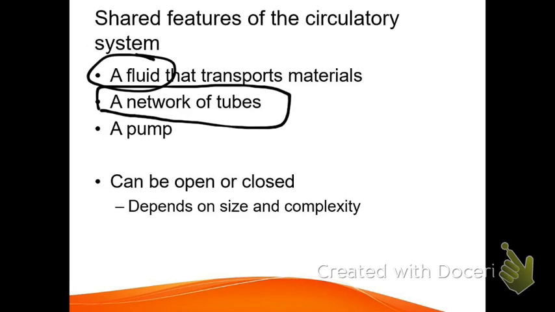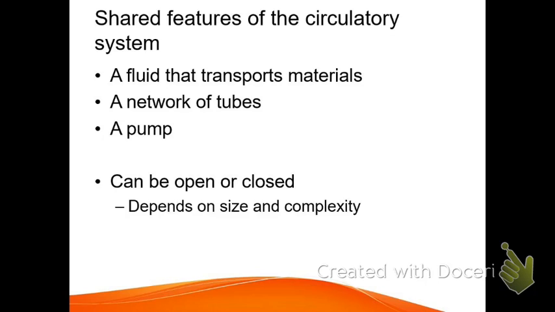It may be a very complex network, it may be a very simple network, but there is something that is holding this fluid. And lastly, there is something to push the fluid around. Okay, there is some form of pump. And our two main types are the open circulatory system and closed circulatory system.